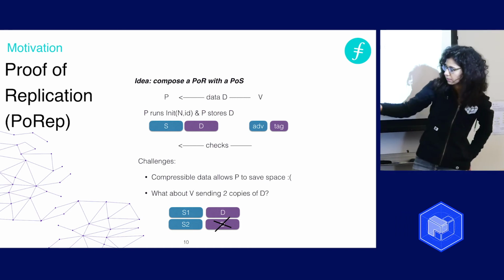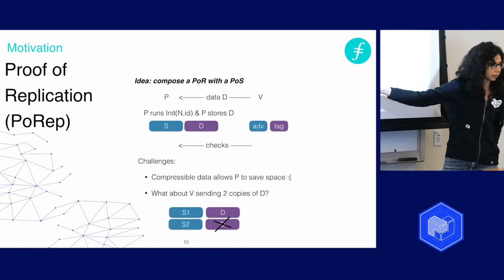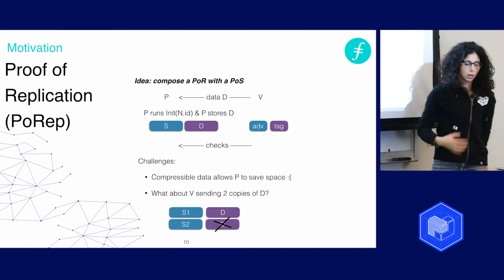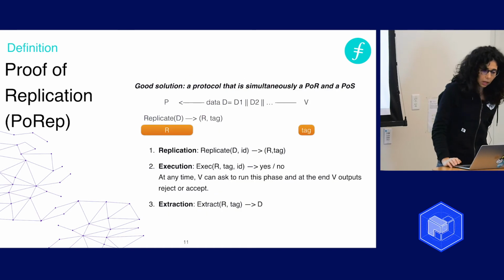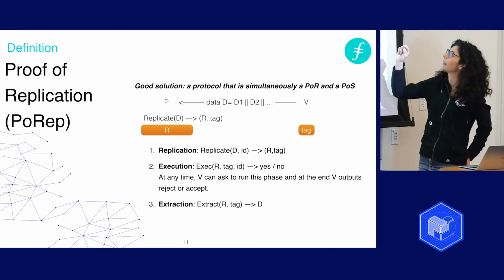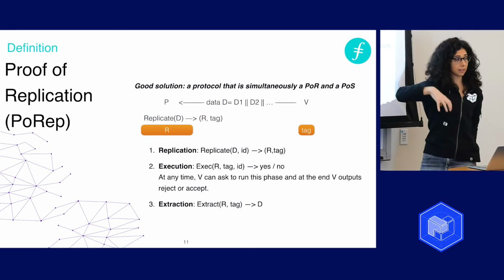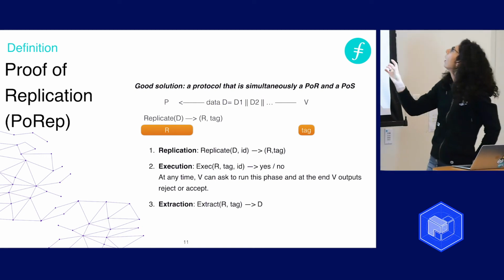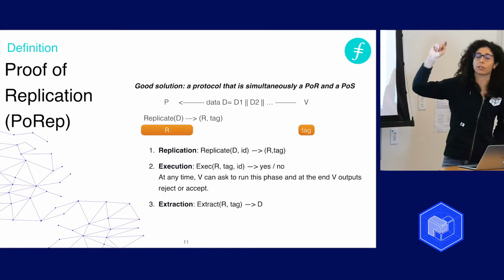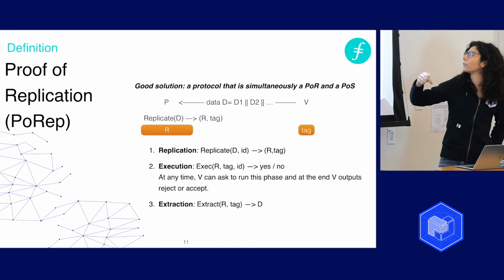So all this space is saved, and the worse it gets here. What this teaches us is that a good solution needs to be a protocol that is simultaneously, on the same space and the same data, a proof of replication, a proof of retrievability and a proof of space.